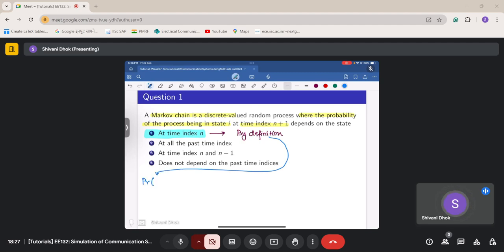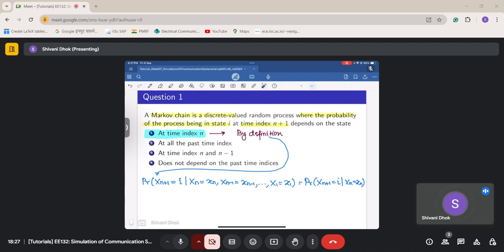The probability that the n plus 1th state is at state i given all the previous states is equal to the probability that the n plus 1th state is i given the nth state is xn.